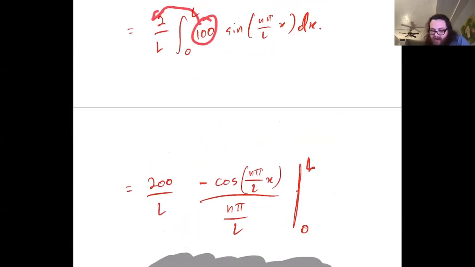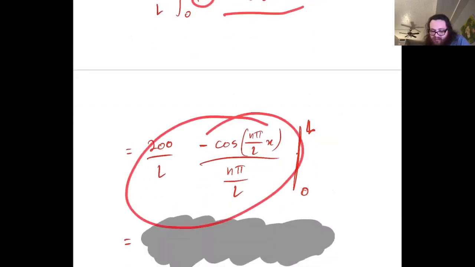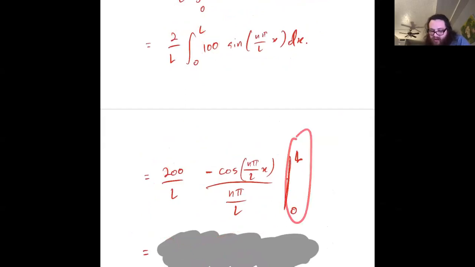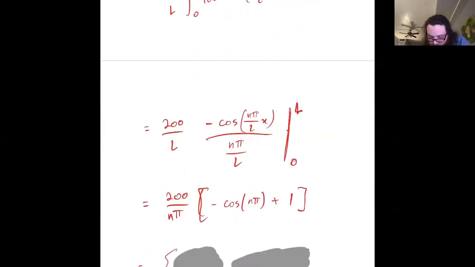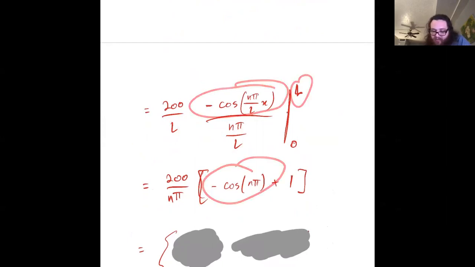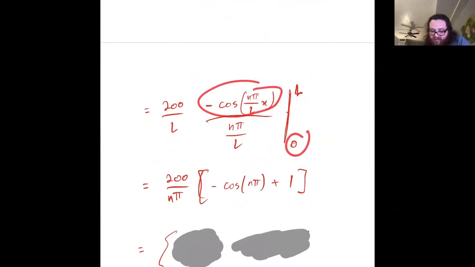Take this 100 out, integrate this, and you're going to get this expression evaluated between 0 and L. Move this out here, L and L cancel, so we have 200 over n pi. Minus cosine evaluated at L is minus cosine n pi, minus cosine evaluated at 0 is going to be 1.